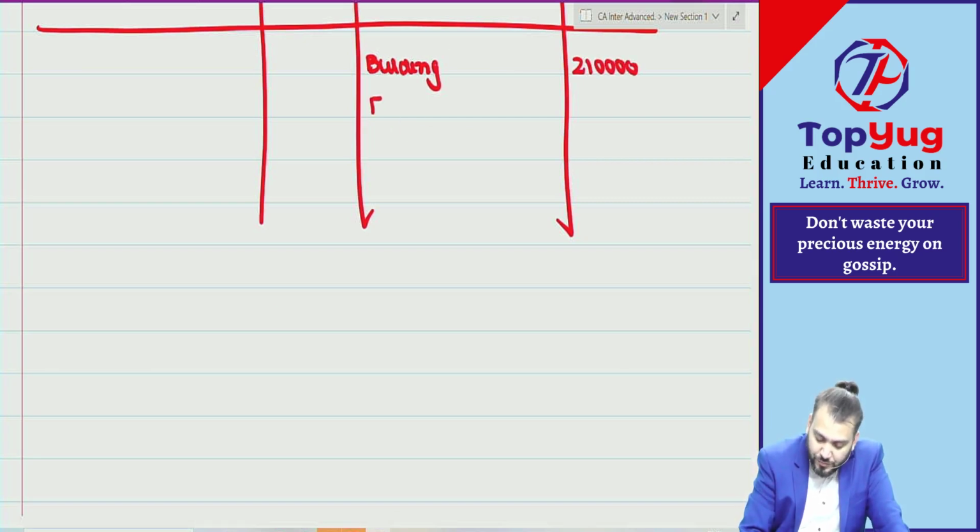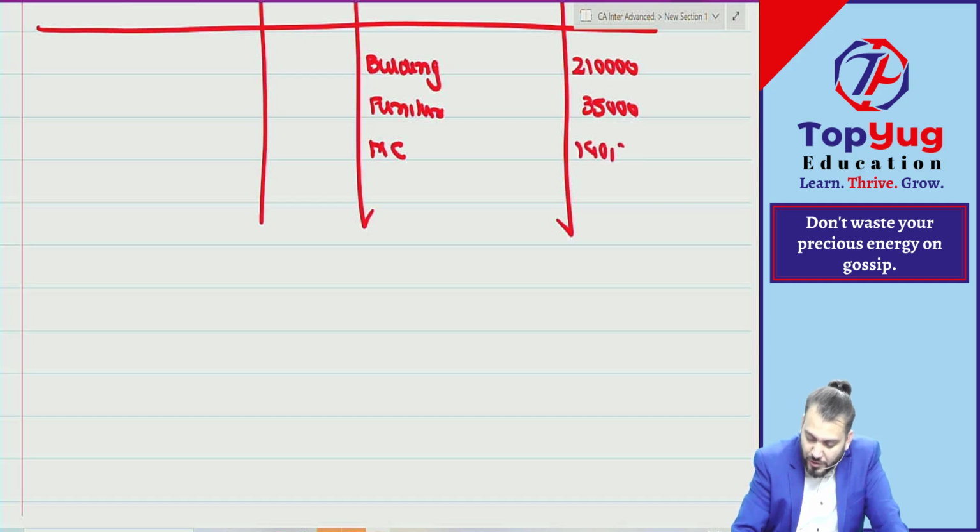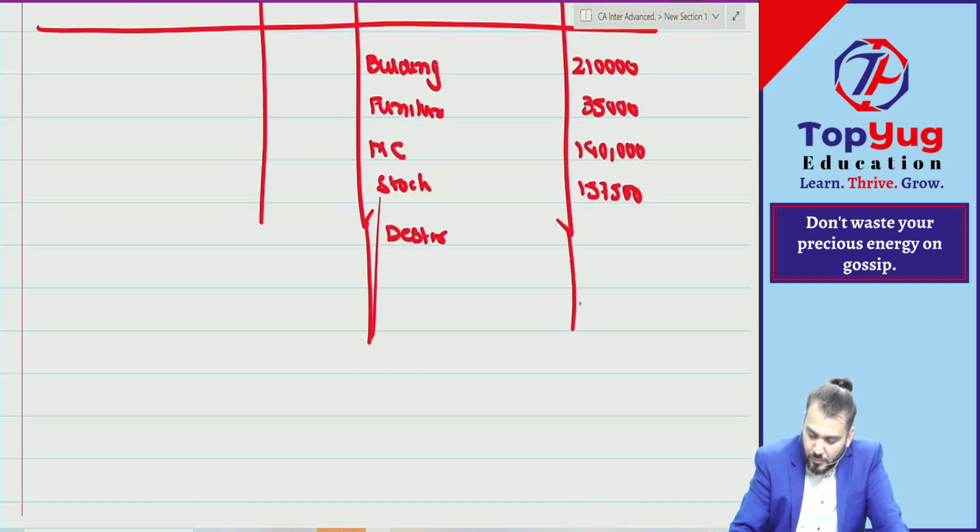Then furniture, how much? 35,000. Then motorcycle, 1,40,000. Then stock, 1,57,500. Then debtors, 2,10,000. Correct?